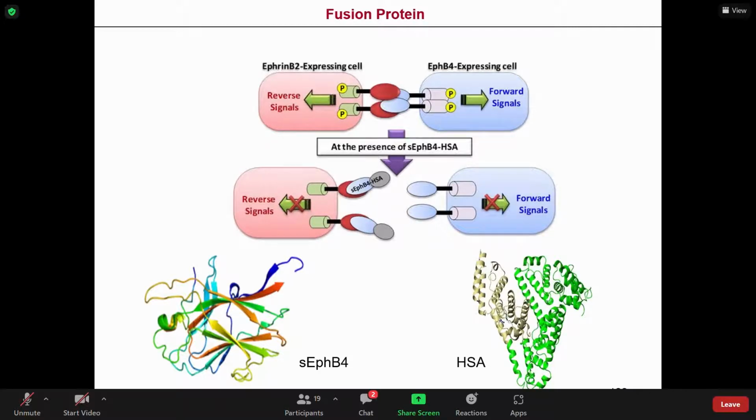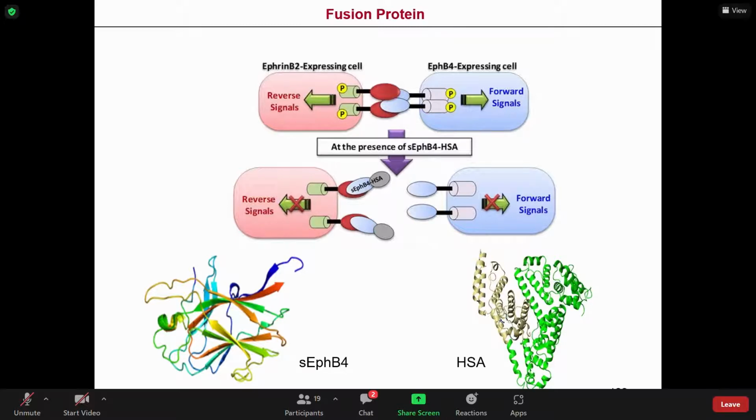Let's see. So I want to show you an example of the use of DSC, differential scanning calorimetry.